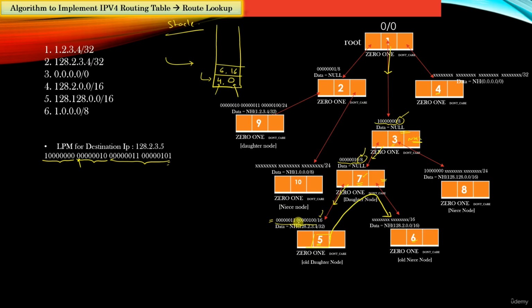But how? We are going to pop the element from the top of the stack. So when you pop the element from the top of the stack, it essentially says that we need to begin our search from the node 6, that is this node, and we have successfully passed 16 bits of our input string.